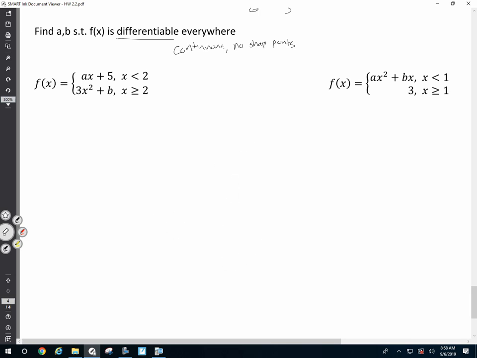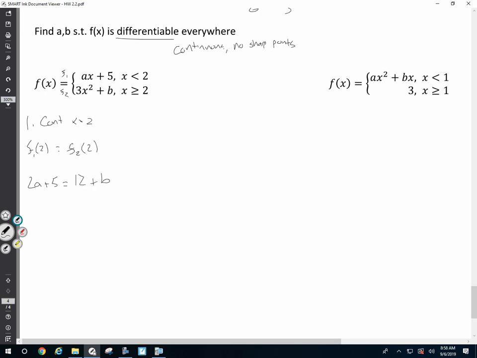There are two things you need to check. One, that you are continuous at x equals 2, which means f1 at 2 needs to meet up with f2 at 2. 2a plus 5 equals 4 times 3 is 12 plus b.